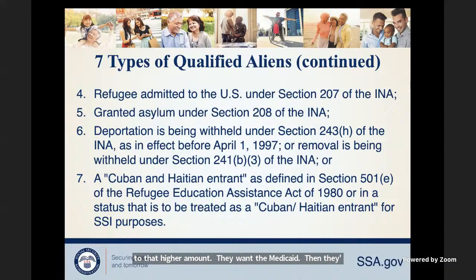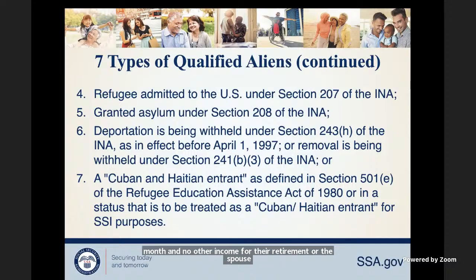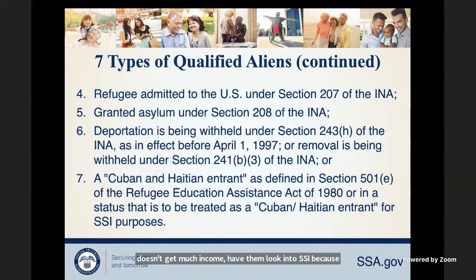And like I said, for anybody that's over 65, if they're getting $900 a month and no other income from their retirement, or the spouse doesn't get much income, have them look into SSI, because they get paid $1 from the SSI program. They get Medicaid, and possibly their Medicare premium will be covered by the state. So that's another $174 in their pocket.